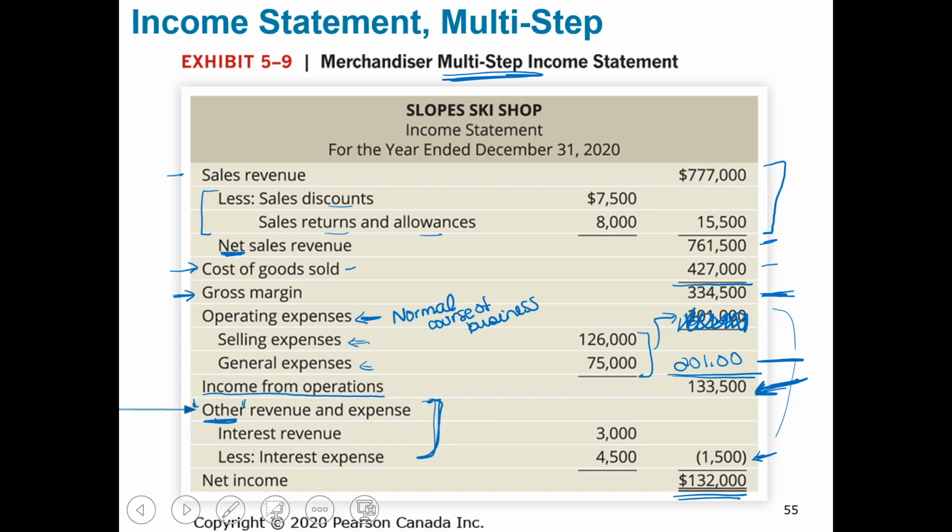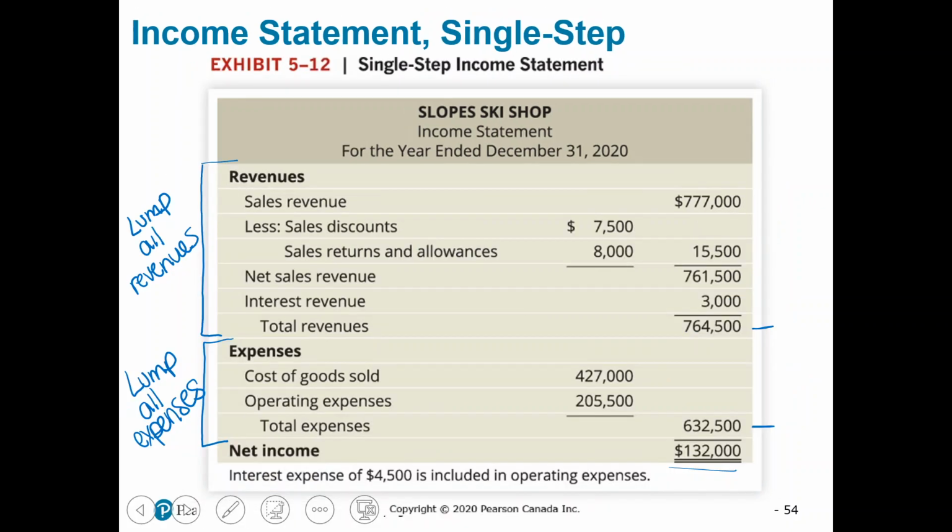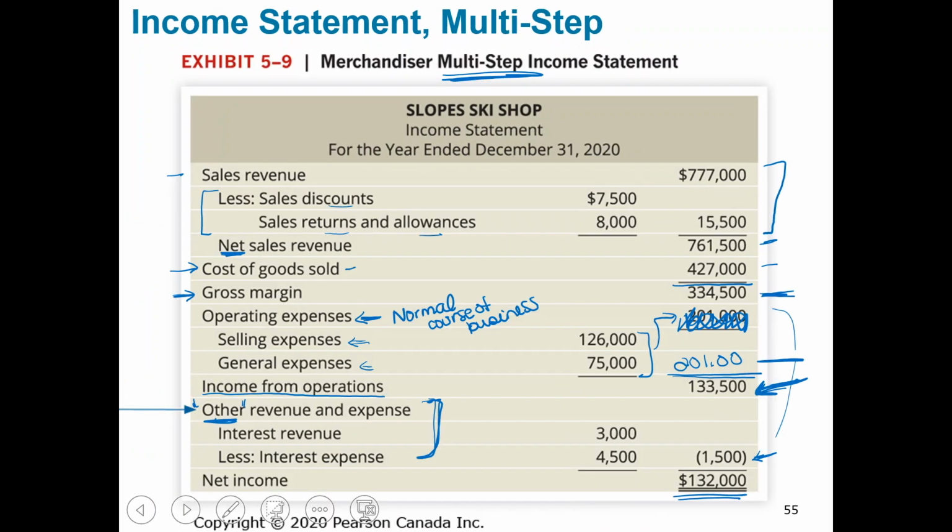So you can see here, if we compare the single step versus the multi-step, we get down to the same net income under both because we're adding the same revenues, subtracting the same expenses. But by doing this multi-step, we're giving a whole lot more information. So we're pulling out this gross margin so we can look at that and see how well the company's doing just from selling items.